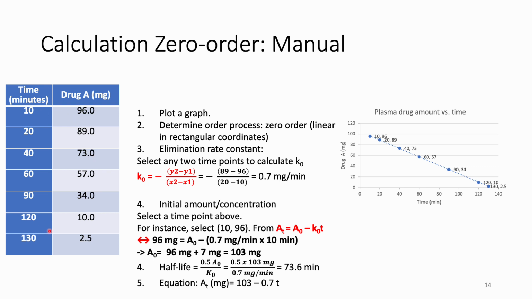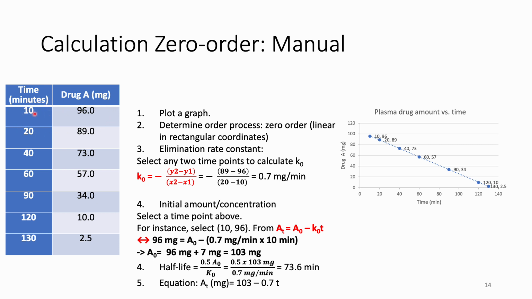Because I have a lot of data, if I do the manual calculation using a calculator, I can select any pair of time points to calculate X2, X1, Y2, and Y1. Usually, if I don't have a perfect straight line, I will select the points closest to the line, to make it closer to the average.